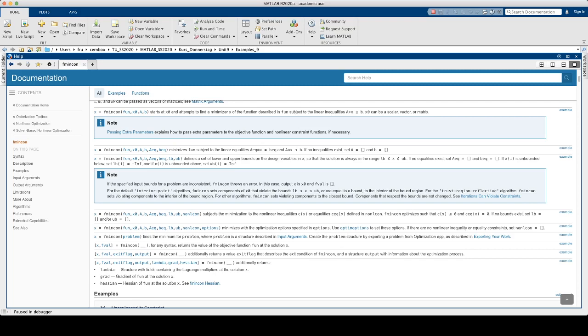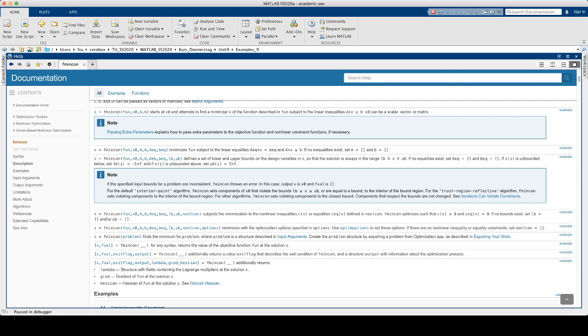The calling sequence of fmin_con is similar to the one of fmin_unc. The first argument is the function handle. The second argument is the starting value, the starting point. And then there is a list of constraints. In our first example, the list is just A and b expressing an inequality constraint.